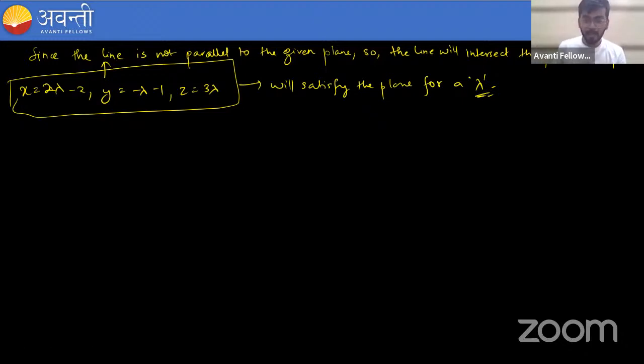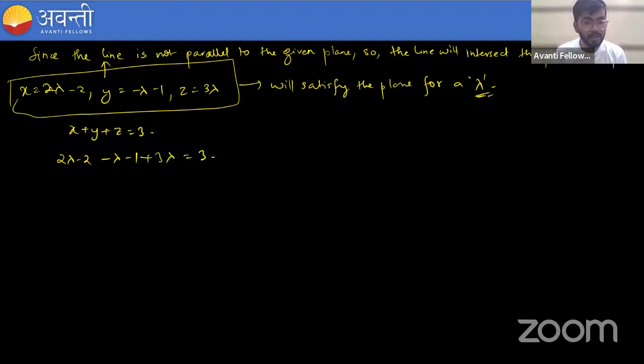So let us substitute this into x plus y plus z equals 3. We will get 2 lambda minus 2 minus lambda minus 1 plus 3 lambda equals 3.